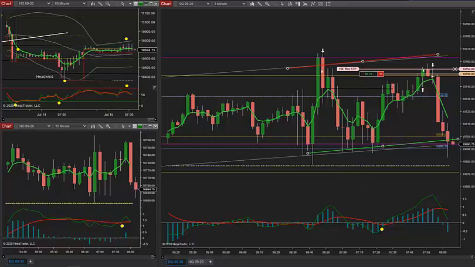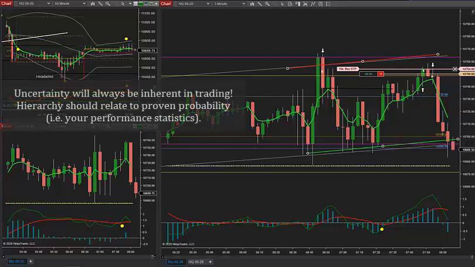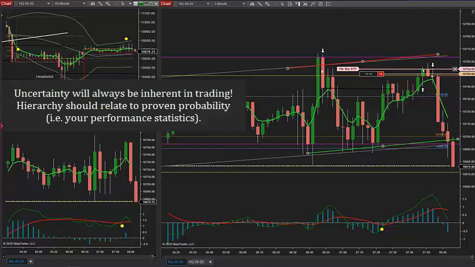These are the things you need to take the time to define, because the market rarely gives us everything we want the way we want it. There's almost always some level of conflicting information, and that's because there's always going to be bears and there's always going to be bulls, and they're always going to be trying to fight out to gain control.